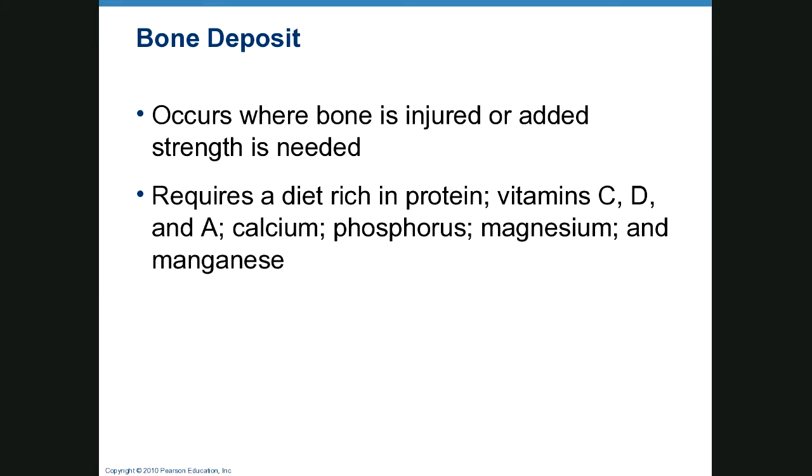Bone is deposited wherever bone is injured or strength is needed, or if you're getting growth. And to grow bones, you have to have protein, vitamin C, vitamin D3, vitamin A, calcium, phosphorus, magnesium, and manganese.